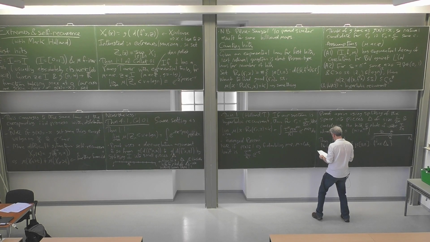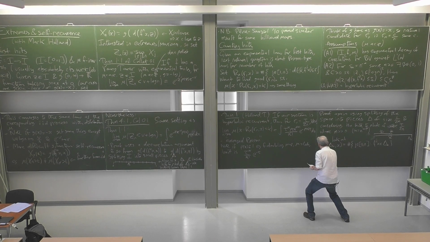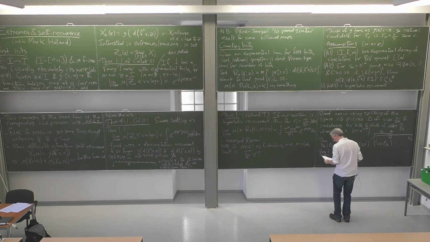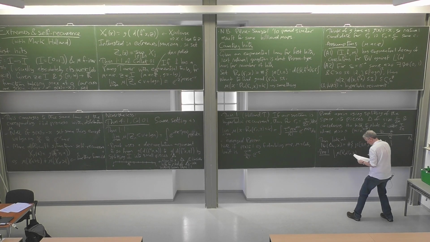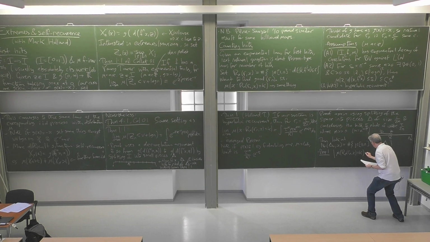So I'm going to give you some propositions which outline the proof, but I'm not going to go into the proof very much. The first proposition is that if I look at the quantity I'm actually interested in, the Rn quantity, I can estimate this in terms of the Nn quantity.